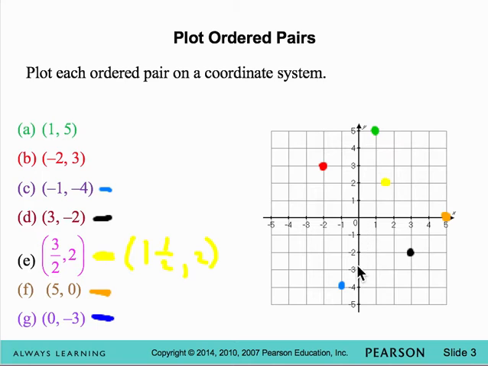I only go down 3. That is my y-intercept. So, plotting points: start at the origin, do your x direction first, so right or left, and then y, up or down.